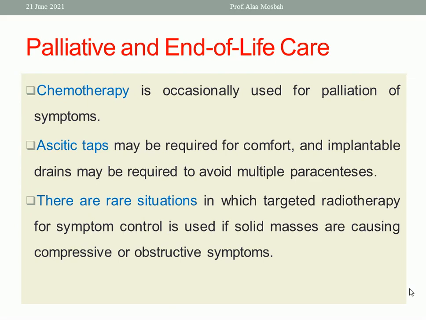Chemotherapy is occasionally used for palliative treatment for relieving of symptoms. Ascites should be managed with diuretics, and also you can insert catheter or drain to avoid multiple paracentesis.